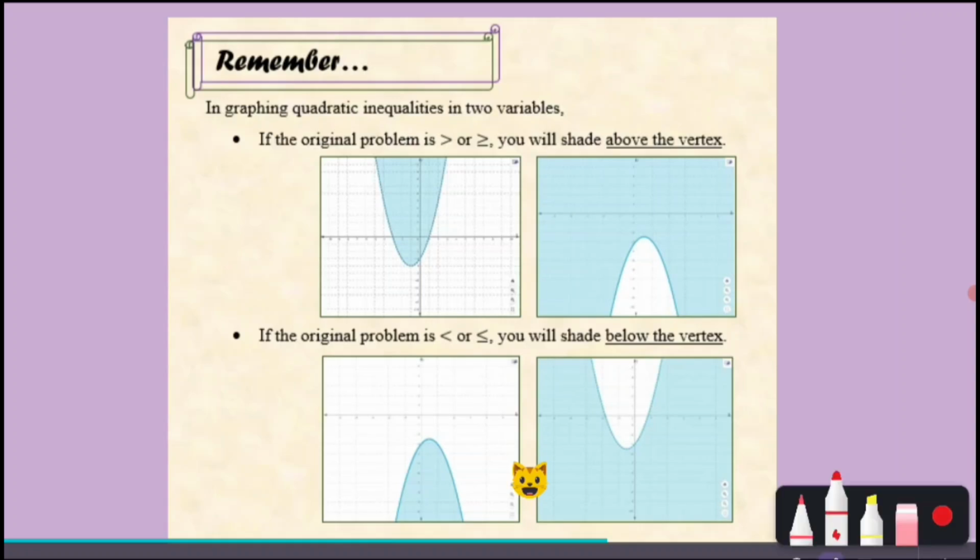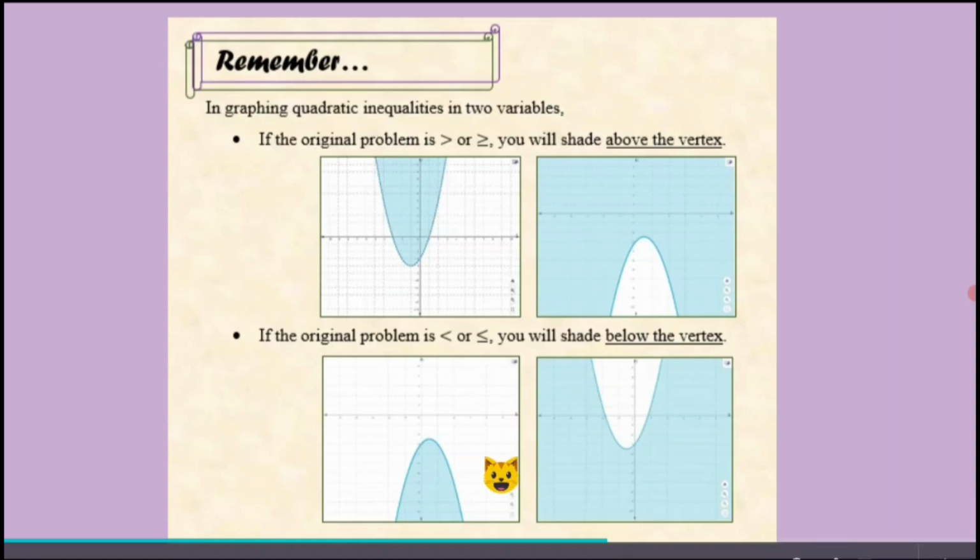So, ang tip ko sa inyo dito sa pag-solve ng quadratic inequalities in two variables, kapag ang original problem is in greater than or equal to, ang shadean nyo na part is yung nasa above the vertex. Okay? Above the vertex. Yun yung key point nyo. Pero para ma-sure kayo, gawin ninyo yung testing the points.